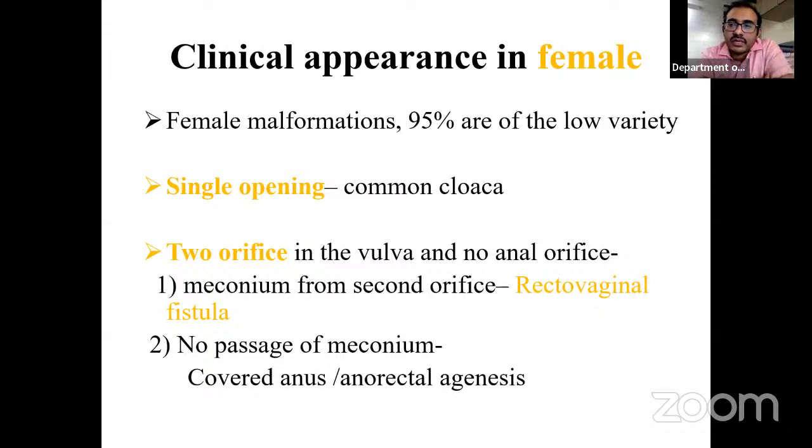So that is common cloaca, a rare condition, very difficult to manage. Then when there are two orifices in the vulva and no anal orifice, it could be because of rectovaginal fistula or covered anus, or anorectal agenesis, meaning there is a normal vagina and urethra, but there is no opening for the anus.